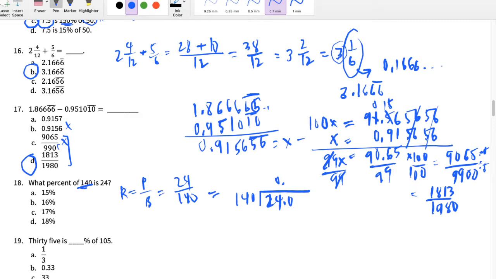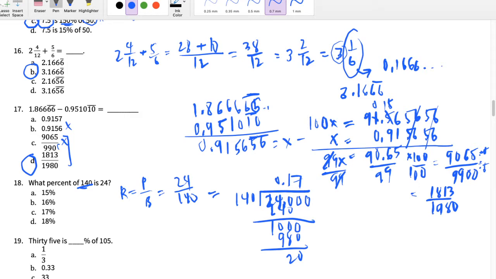240 divided by 140, that's 1. Minus 140, that's equal to 100. Add another 0. 1,000 divided by 140, approximately there is a 7. Okay, 7 times 140, that's equal to 980. Subtract this, you will get 20.